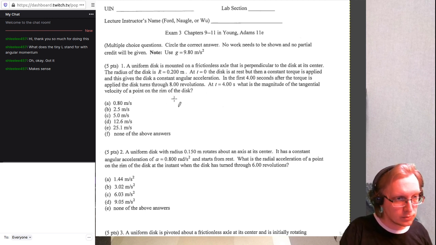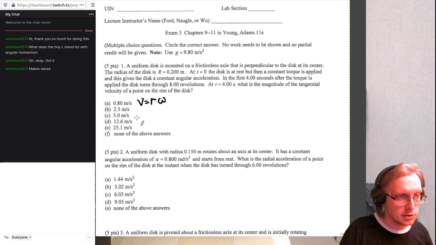Okay. So, let's see. It would like to know v on a point on the rim. So the point on the rim is r from the center, and it's going with an angular velocity of omega. We have r. We need the omega. In the first 4 seconds, torque is applied.